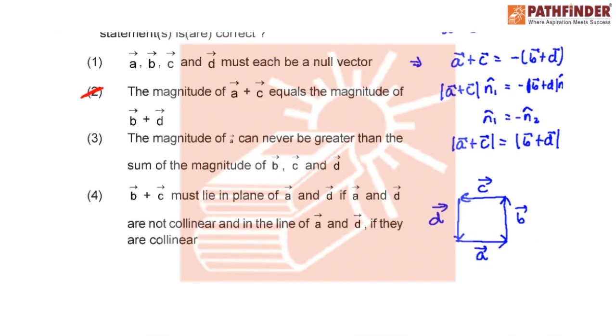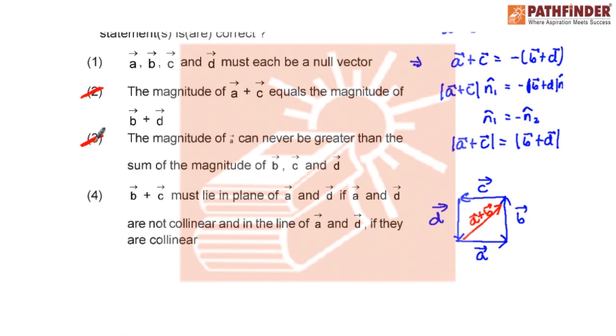If we use the triangle law of addition over here, then I say this is A plus B, and then A plus B plus C is equal to D. So the sum of the magnitudes of any three vectors will never be less than the fourth vector. So option 3 is correct. The magnitude of A or any other vector can never be greater than the sum of the magnitudes of the three individual vectors.